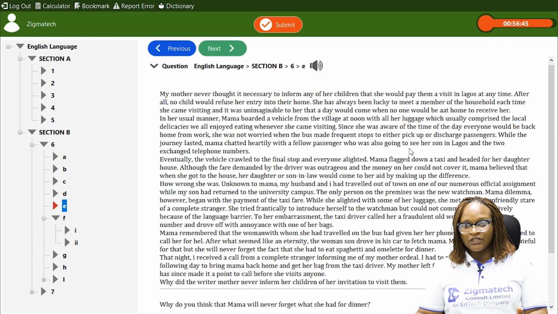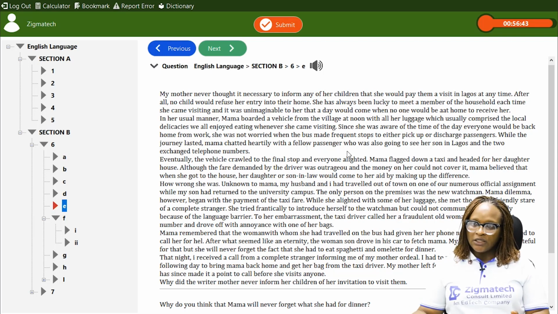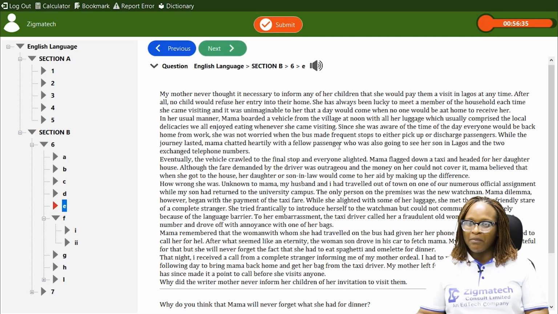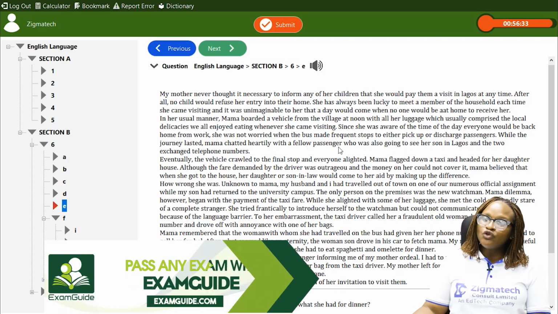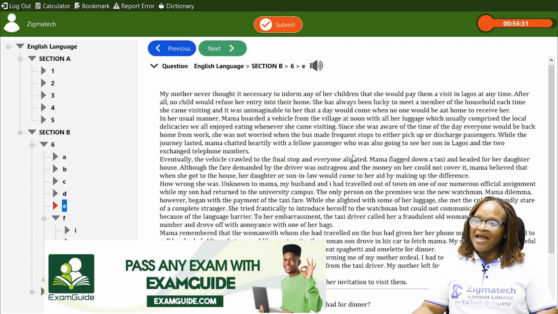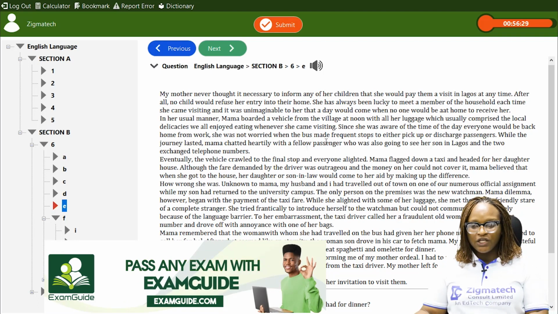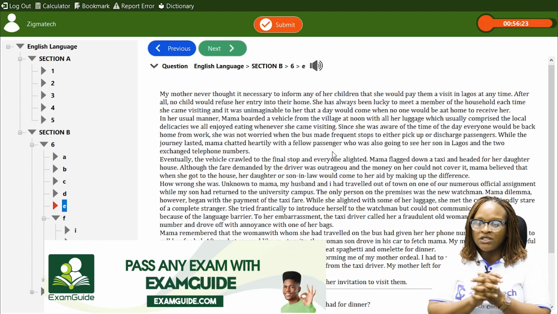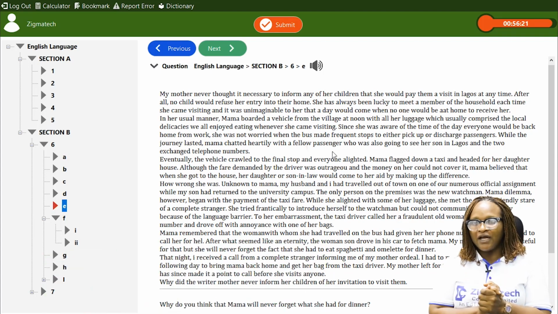I prefer calling it adjectival clause, and it modifies the noun "passenger." Please, the word "fellow" here is an adjective used to describe the passenger. So you wouldn't say that it modifies the noun "fellow passenger." No, it's not. So you have to really be conversant with your parts of speech. "Passenger" is strictly the word that it modifies.